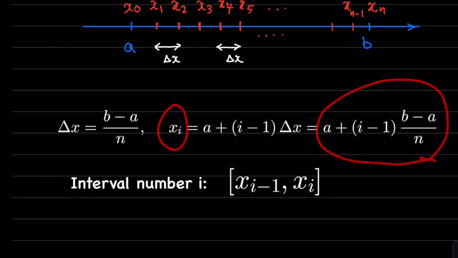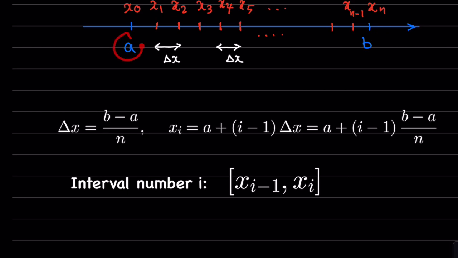And notice that here you're dividing this interval into n equal subintervals, and the ith interval is going to look like this. So the ith interval is going to look like x(i minus 1) and xi. So you see that the first interval looks like x0 and x1.